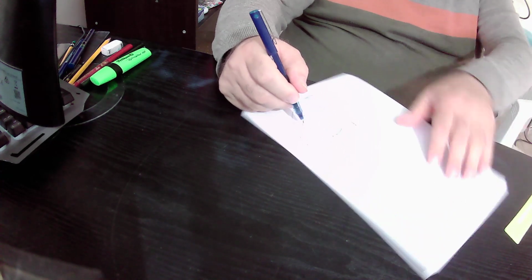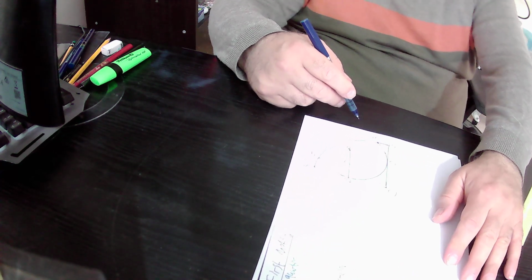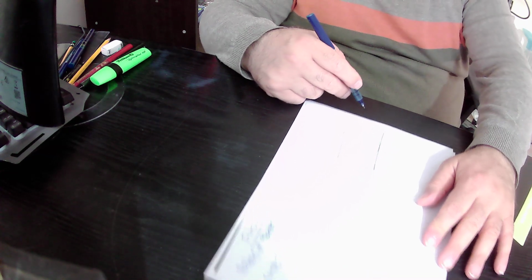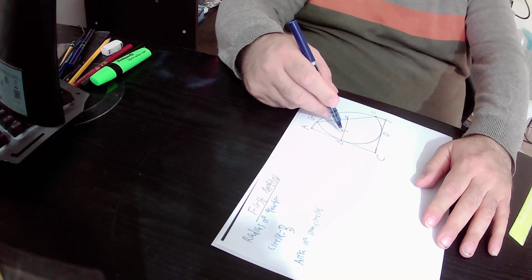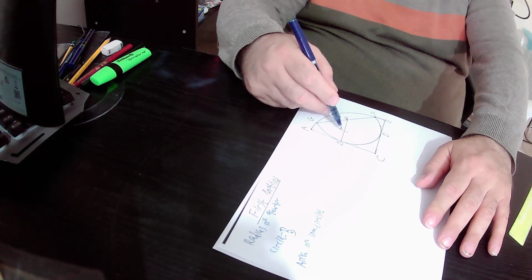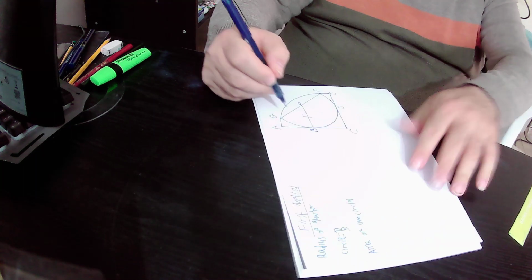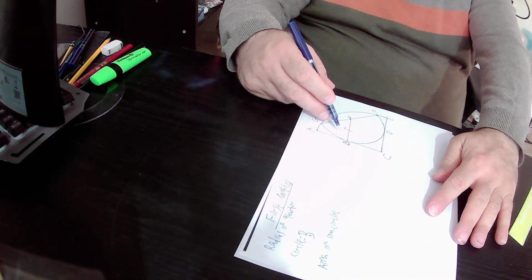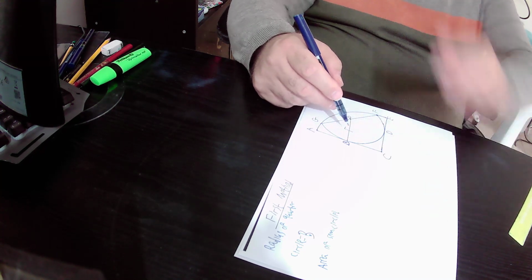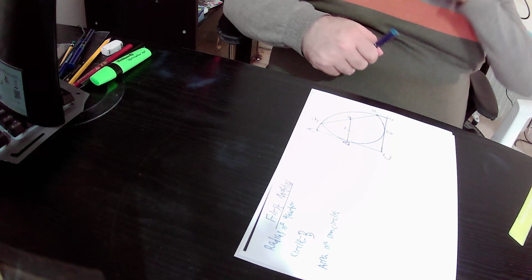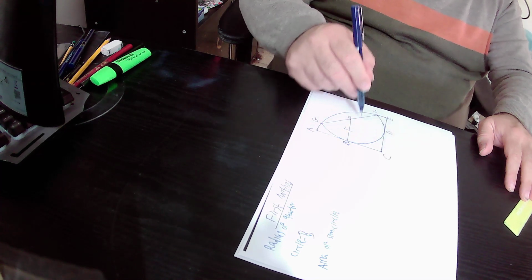So here we have the radius OB. The radius OB is drawn to the point of tangency, that is to say it is drawn to point B, that is the point of tangency of tangent AC with this semicircle, and whenever you have a radius that is drawn to the point of tangency, then the tangent will be perpendicular to that radius.